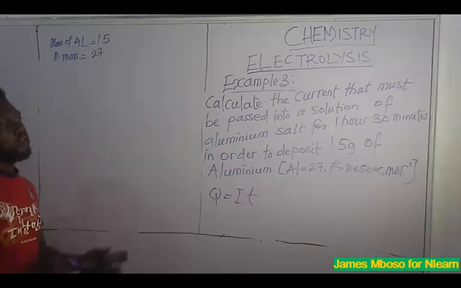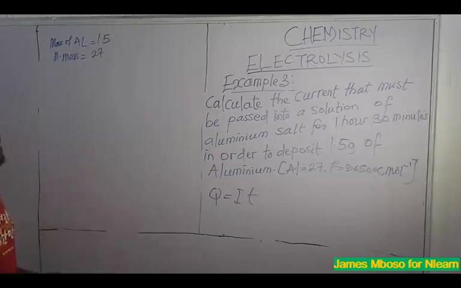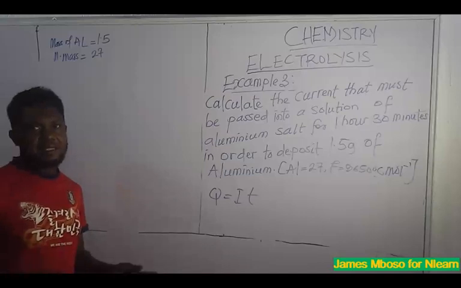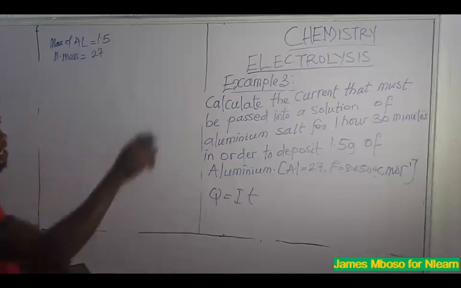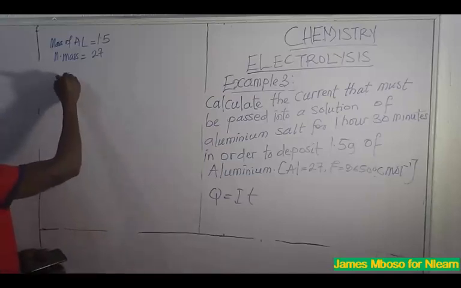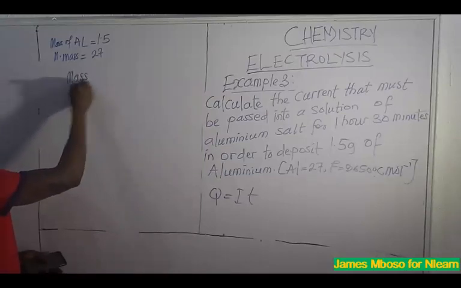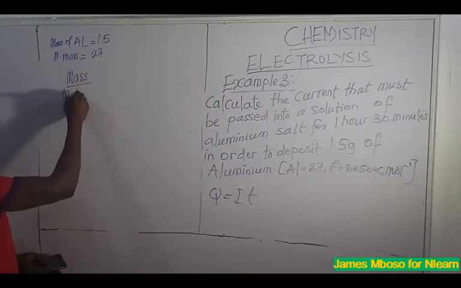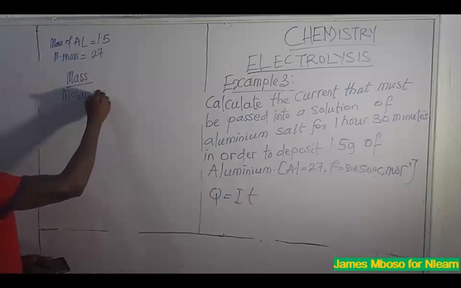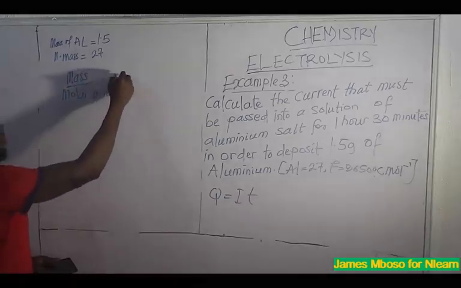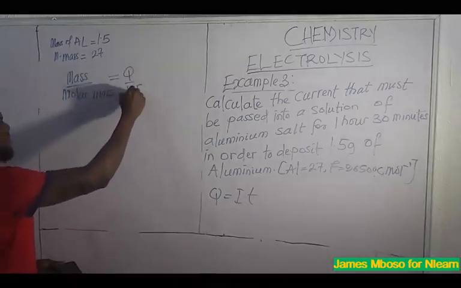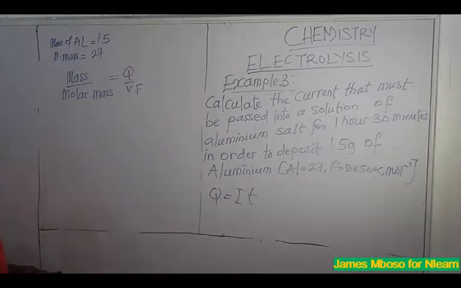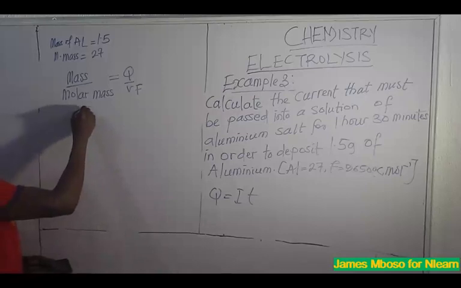So we're going to use a formula that connects the mass and molar mass and the quantity of electricity. So we use mass over molar mass equals Q over VF. The mass in the question is 1.5.